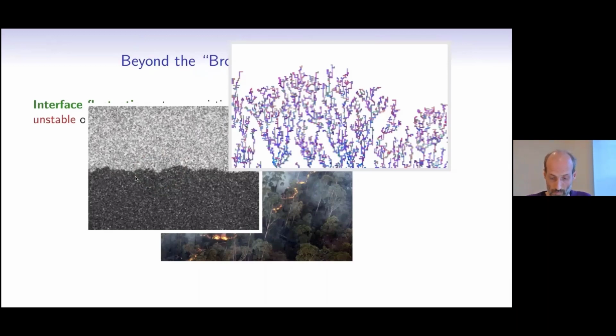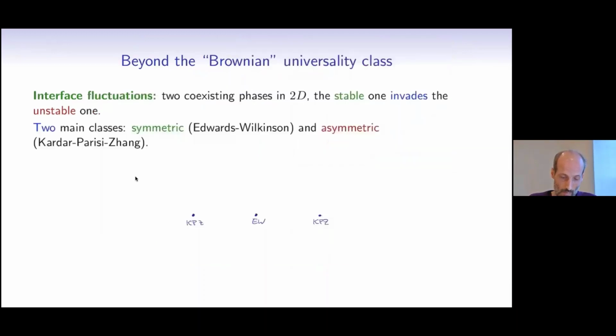And so what one finds is that there are actually two universality classes in this case. Because what could happen is that you can also look at situations where the two regions are symmetric, right?